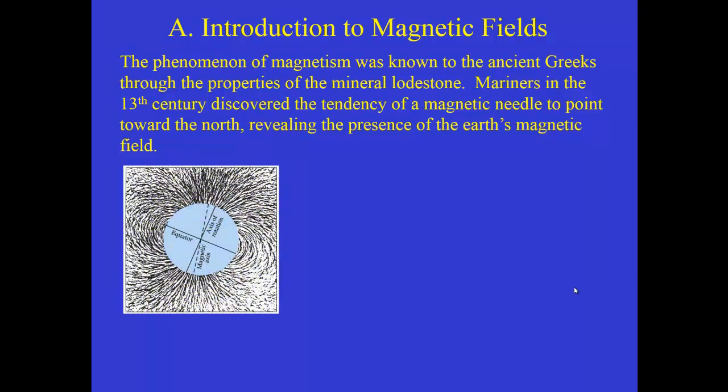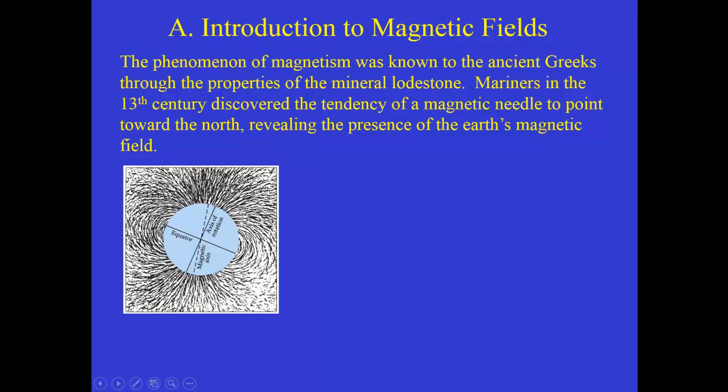So here's a schematic diagram of the Earth, the dotted line being the magnetic north and south axis, the solid line being the axis of rotation. There's a little bit of an offset, and thus a compass needle does not point towards the true north, which would be defined as the location of the axis of rotation, but it's fairly close.